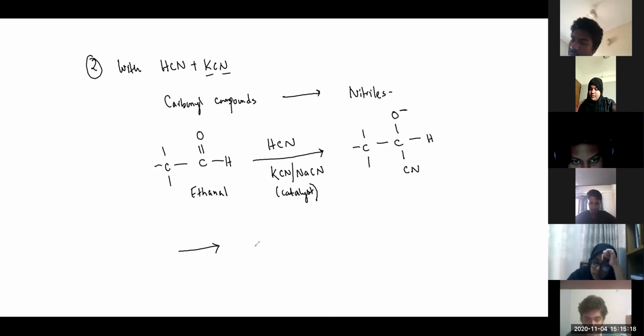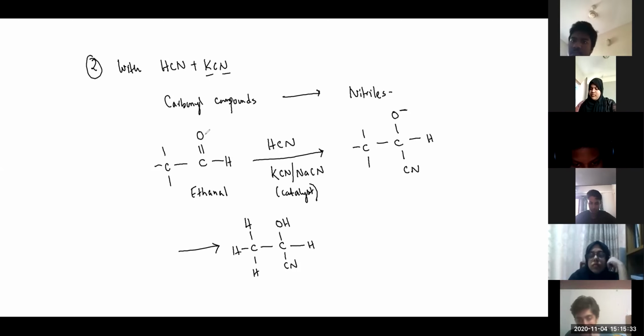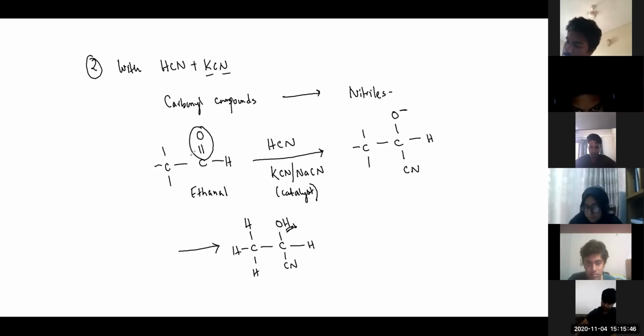Then again CH3COH, CNH. So this gets reduced to OH. And since this was a double bond, it has now broken down into a single bond. There's one bond which is free. There, a CN comes in.